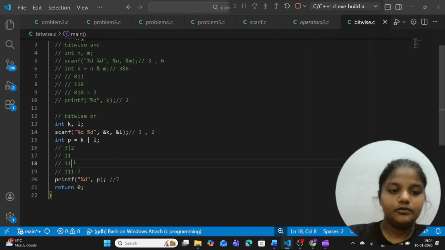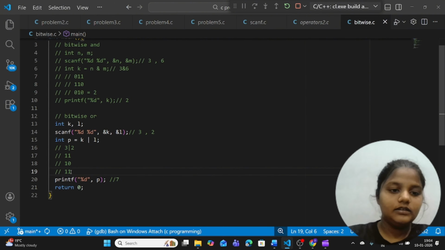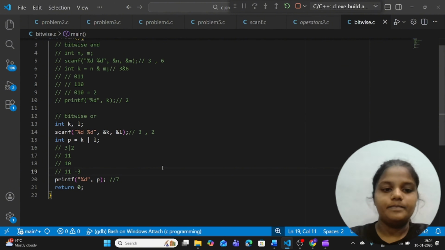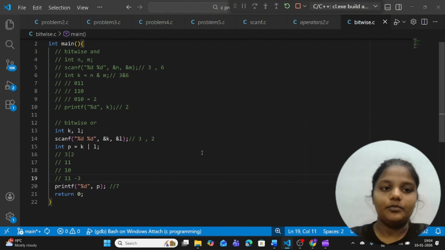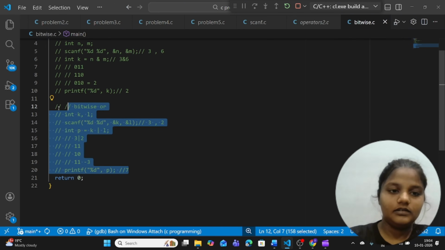What is the binary value of 2? 10. If we perform the OR operator, here 1 and 0 is 1. 1 OR 1 is 1. Right? So it is 3. Okay? Hope you understood.